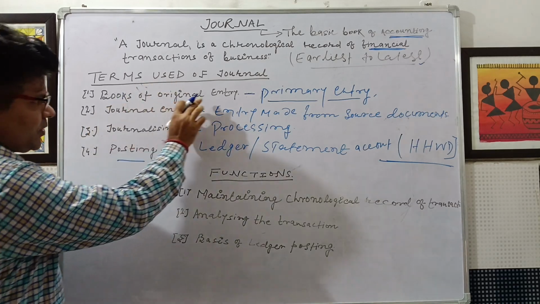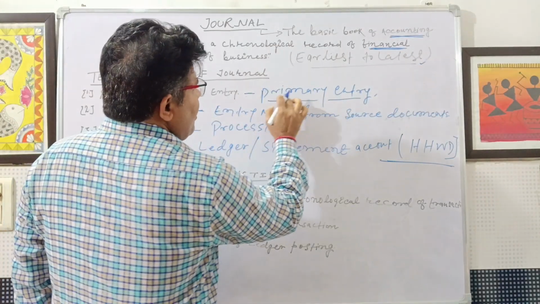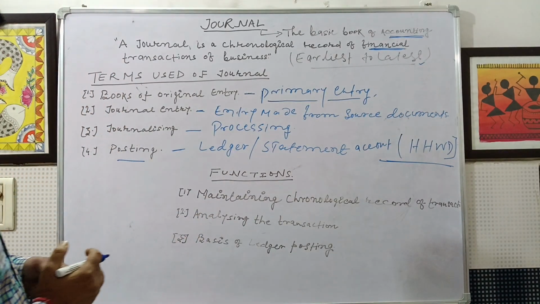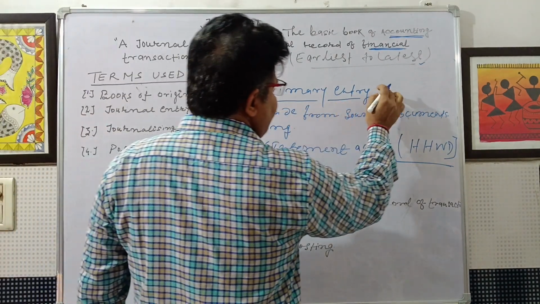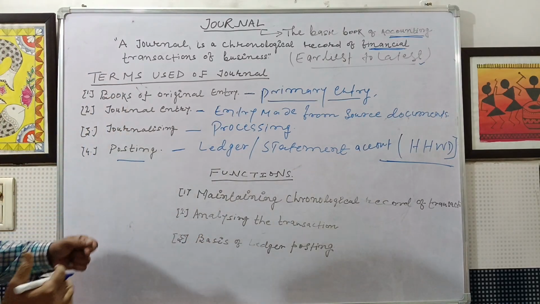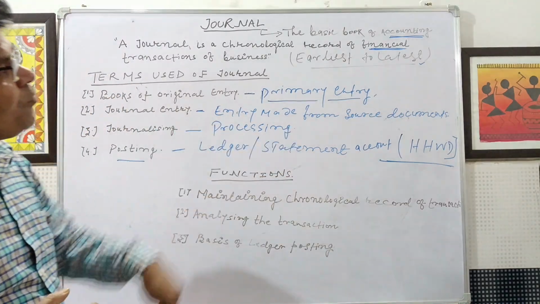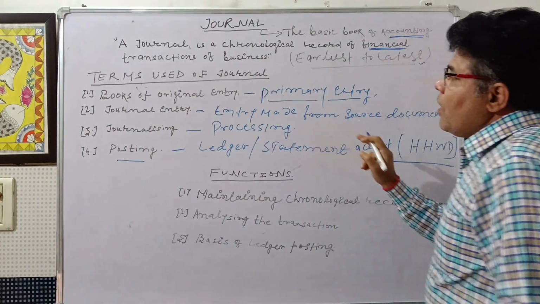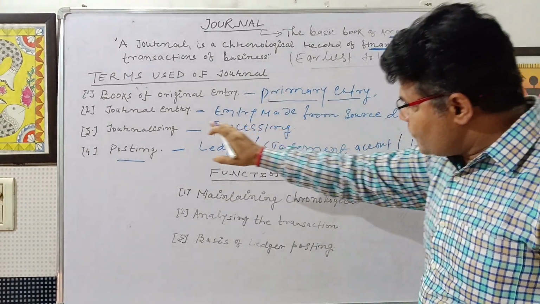The books of original entry is also called principal entry and primary entry. Journal entry: entry made from source documents. So you understand very well what is the journal entry.